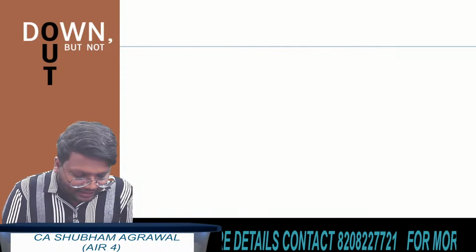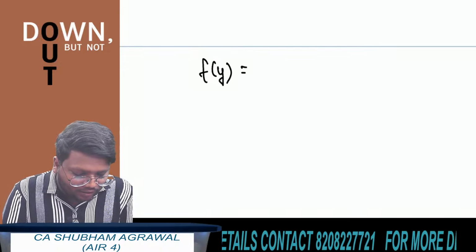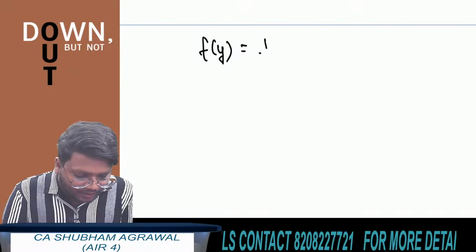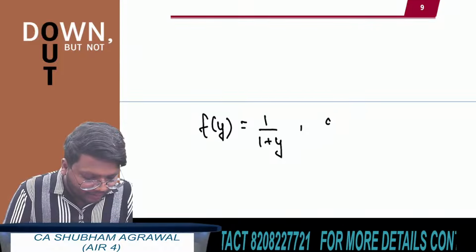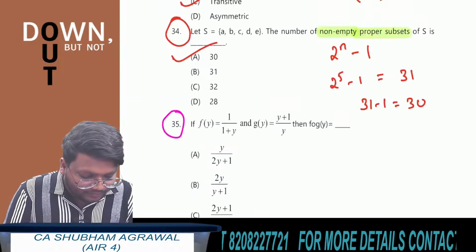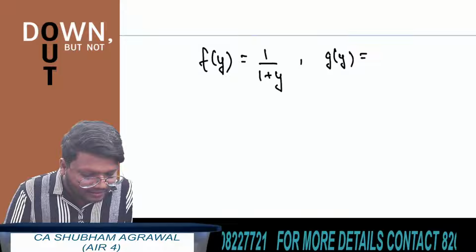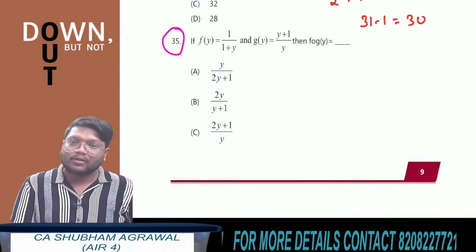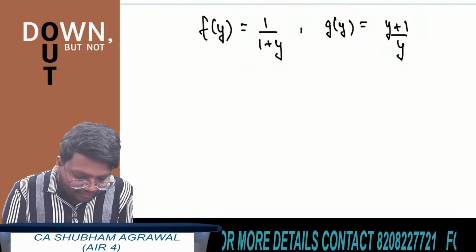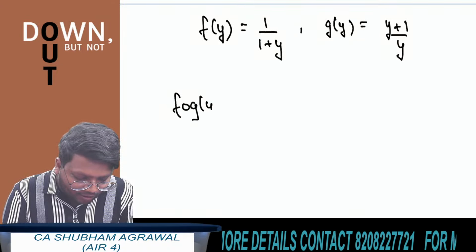It is given that f of y is 1 upon 1 plus y, and g of y is y plus 1 upon y. And they have asked us f of g of y.